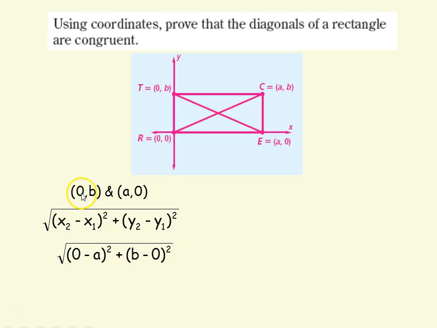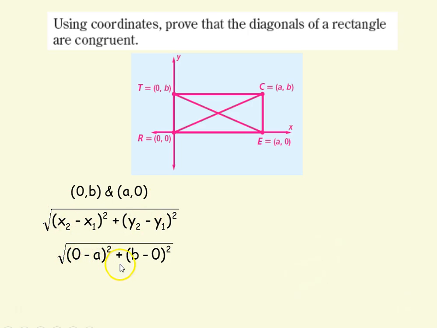In this case, we have 0 minus a, which is right here, squared, plus, and then we have to take the difference of the y values. The y values are b and 0, so b minus 0. So I've just taken these values and plugged them into the distance formula.